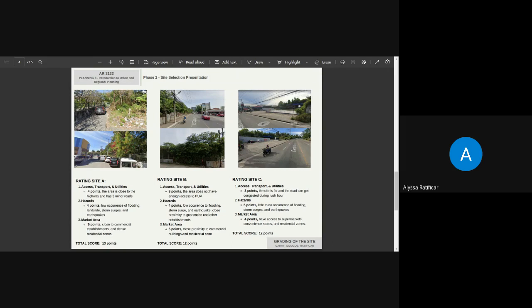For the hazards, it's given 5 points because it has little to no occurrence of flooding, storm surges, and earthquakes. Market area, 4 points. It does have access to supermarkets, convenience stores, and residential zones, but not necessarily right by it. You need to walk a little bit farther for access to these stores.